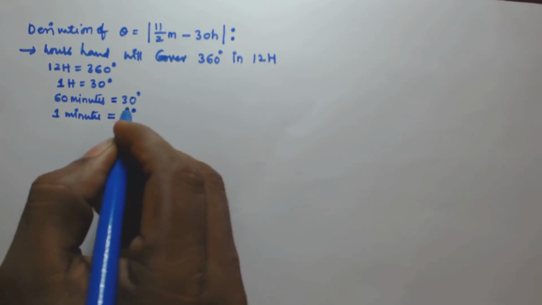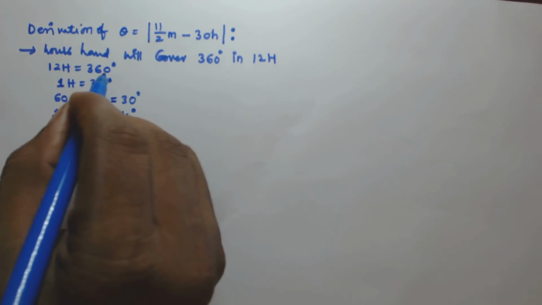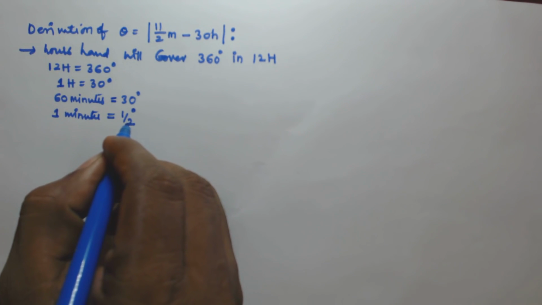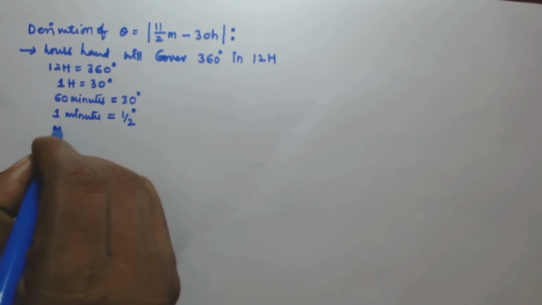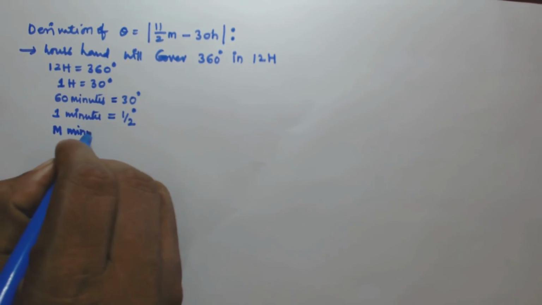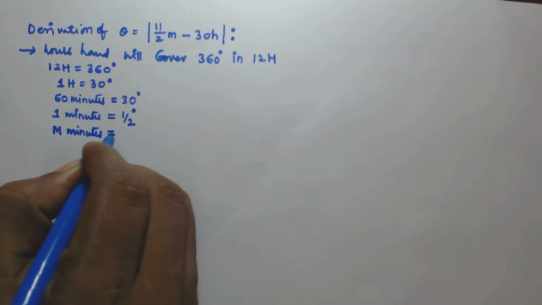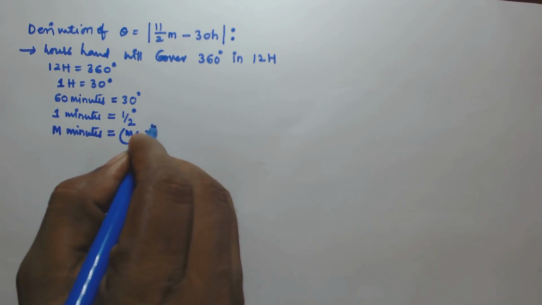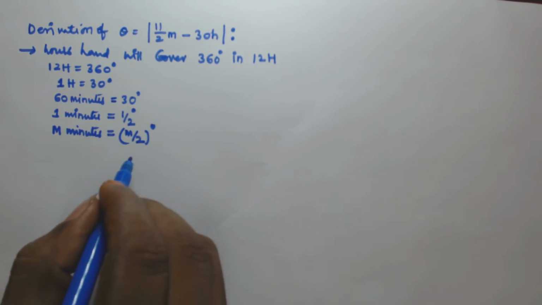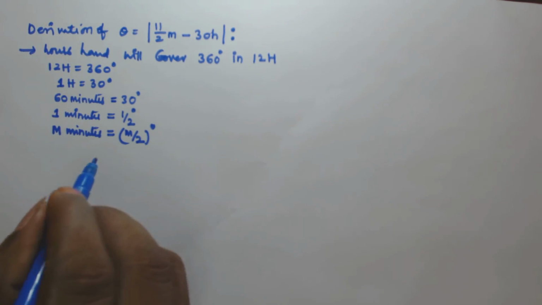That means the hours hand will cover 1 by 2 degree in 1 minute. So in m minutes the hours hand will cover m by 2 degrees. I hope this one is clear to everybody.